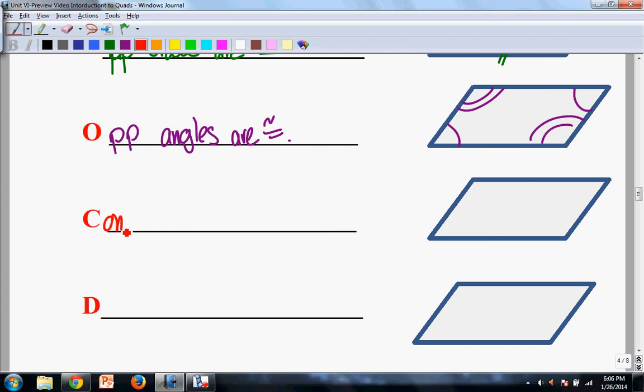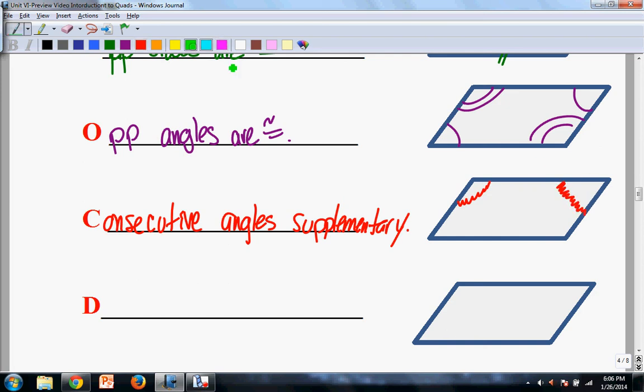The next one is consecutive. Consecutive angles are supplementary. That means angles that are next to each other, not across from each other. Angles that are next to each other, like these two, these are not congruent, but they do add up to 180 degrees.